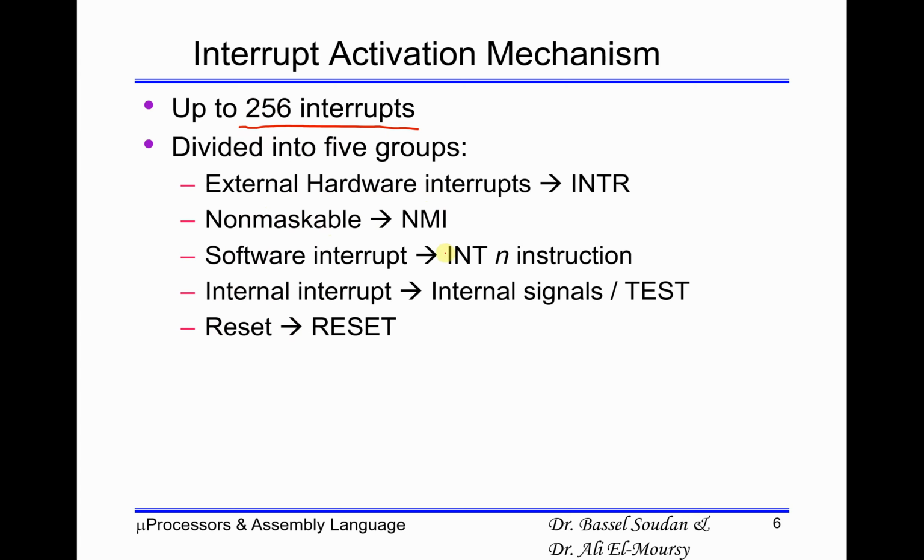In order to receive any of those interrupts, the microprocessor responds based on some pin on the microprocessor chip. The microprocessor chip has different pins, and what is mentioned in this slide is the pin responsible for each of the five types of interrupts that we are studying here.